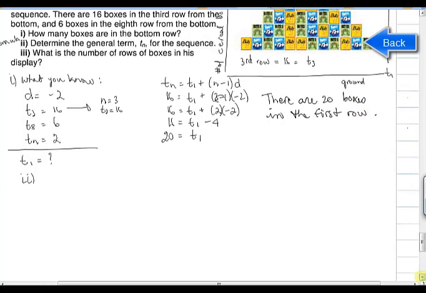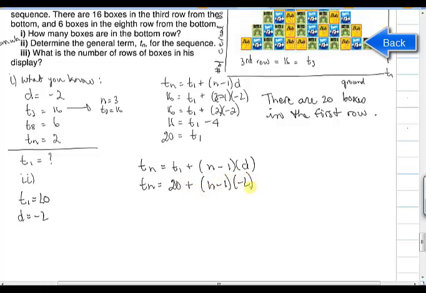Okay, so the second part of the question is to determine the general term for the sequence. Now remember, the only information that you need for the general term is what T1 is, which we know is 20, and what D is, which we know is negative 2. And so we will start with T subscript n equals T1 plus n minus 1 times D. And so T subscript n equals 20 plus n minus 1 times negative 2.